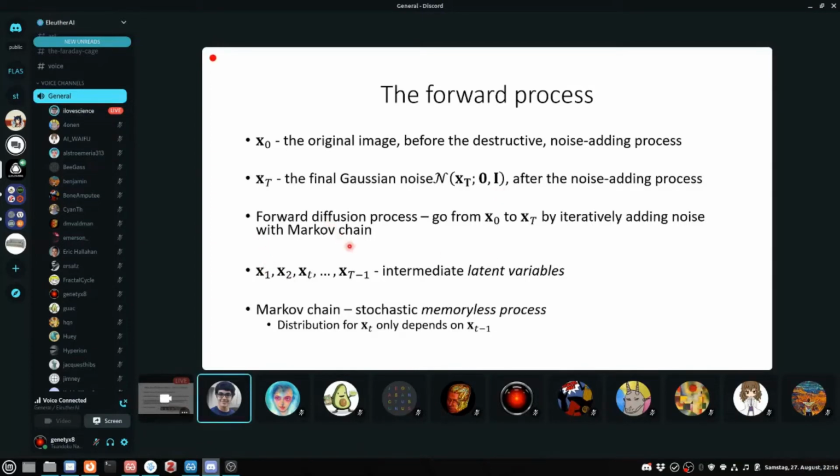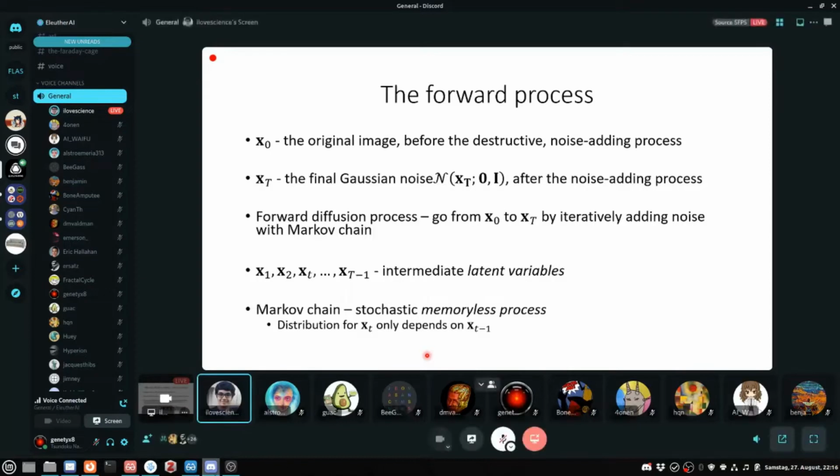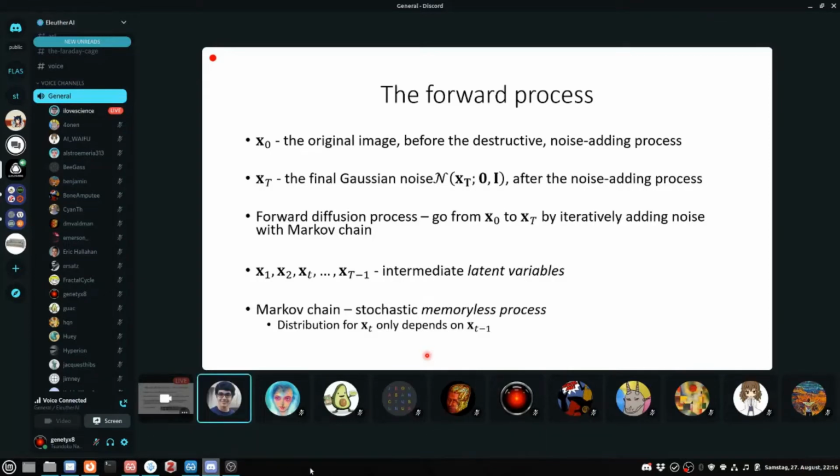I don't know how familiar you are with Markov chains. I think a lot of you might be, but just to refresh your memory, it's a stochastic memoryless process. What that means is that we are only dependent on the previous time step. So going from x1 to x2 only depends on x1.